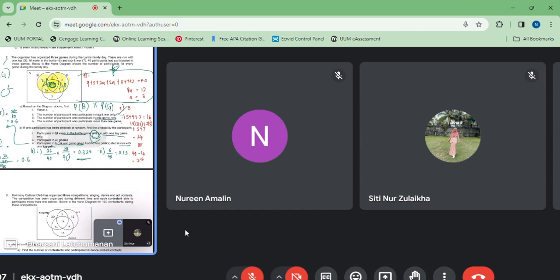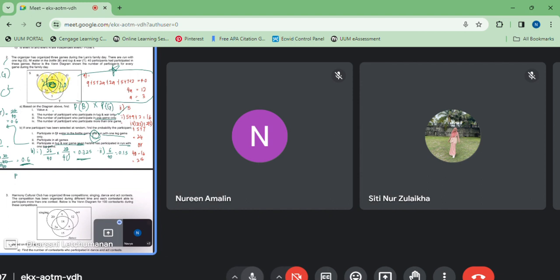You need to find the intersection, T intersect G. Basically, 20 over 40 times 24 over 40, and then divide by G, 20 over 40. And then you get 0.6. Can you understand this? Or should I write again? Okay, I write again.